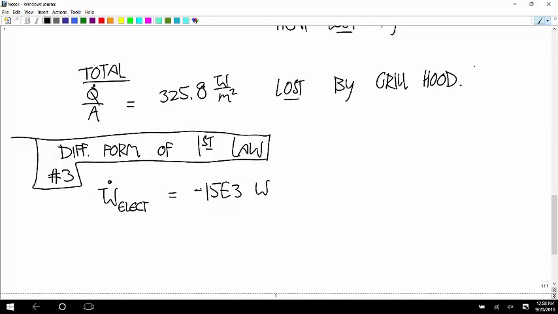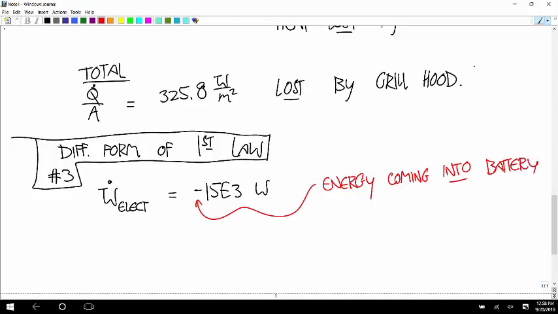And so that would be negative. That's energy coming into the battery through work.